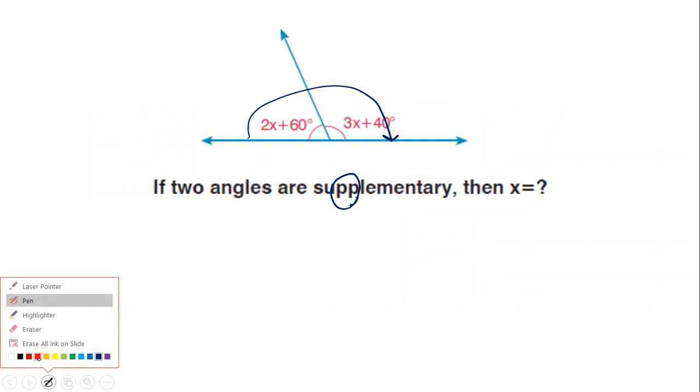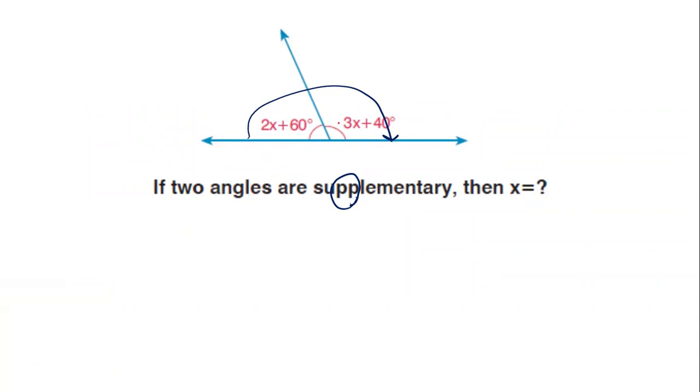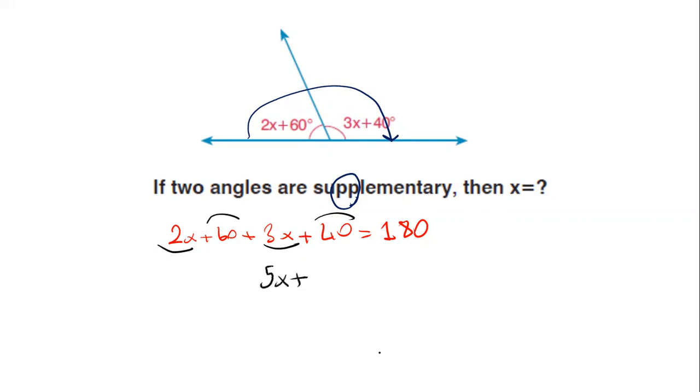And then you add them up and equate to 180, which is 2x plus 60 plus 3x plus 40 equals 180. Then I can add the x's to each other and the normal numbers to each other, which gives me 5x plus 60 plus 40, which is 100, equals 180.